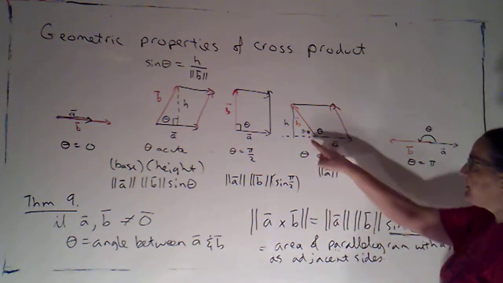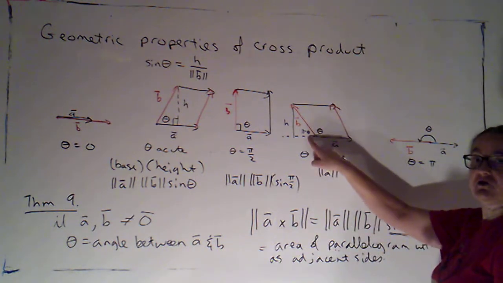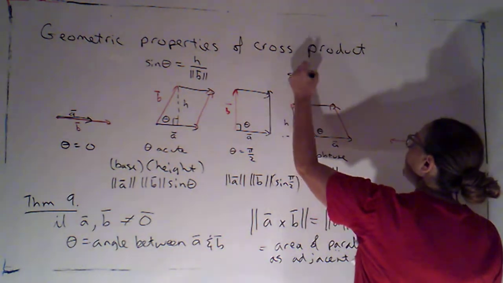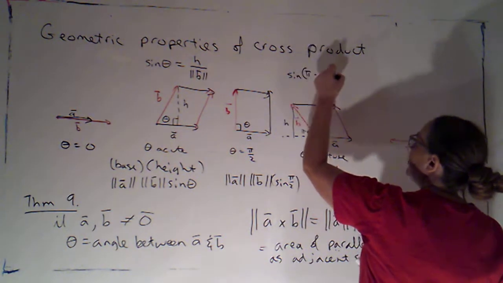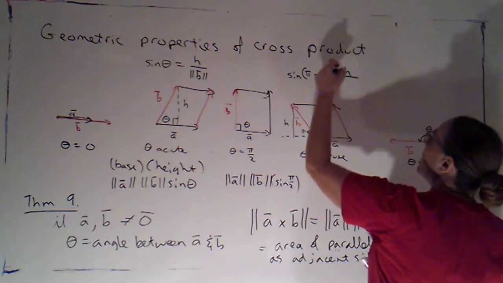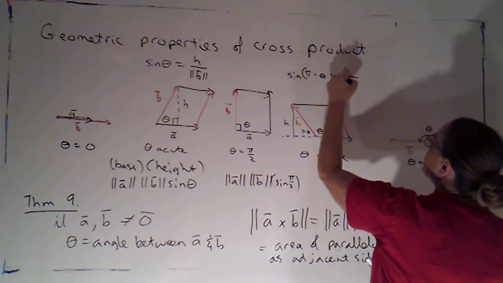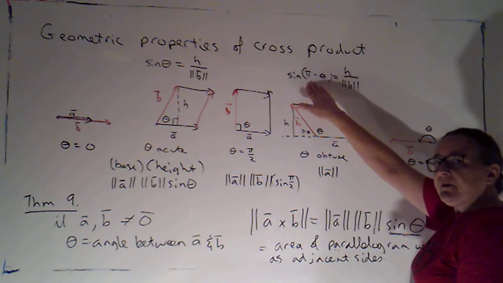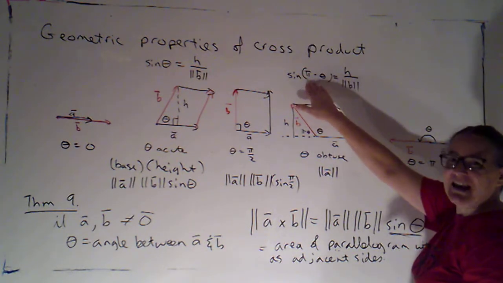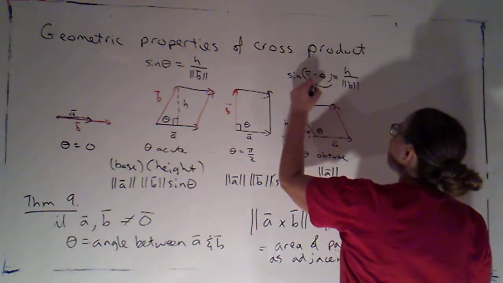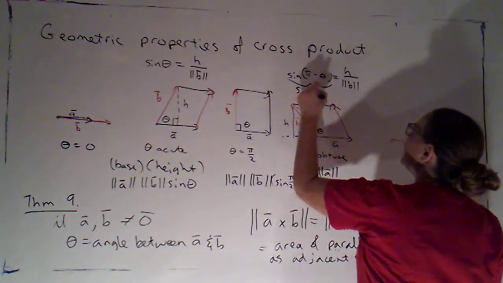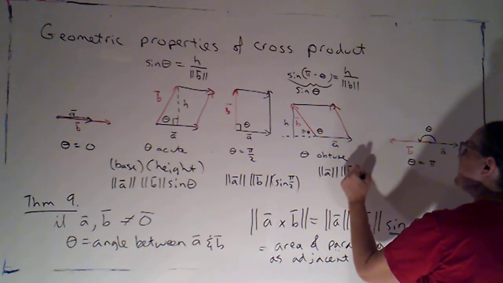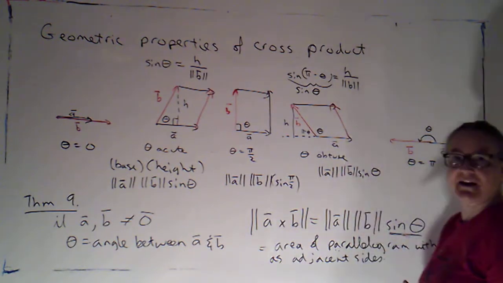The supplement of theta would be the angle that shows up in this right triangle, where the sine of pi minus theta is equal to H over the magnitude of B. But supplementary angles have the same sine. So this is the same as sine of theta. So once again, the height is just the magnitude of B times sine of theta.